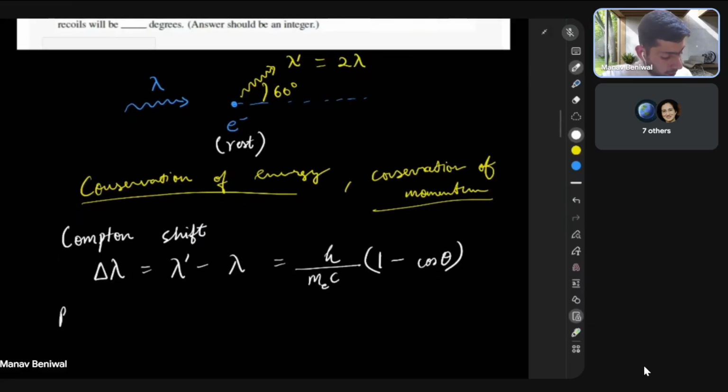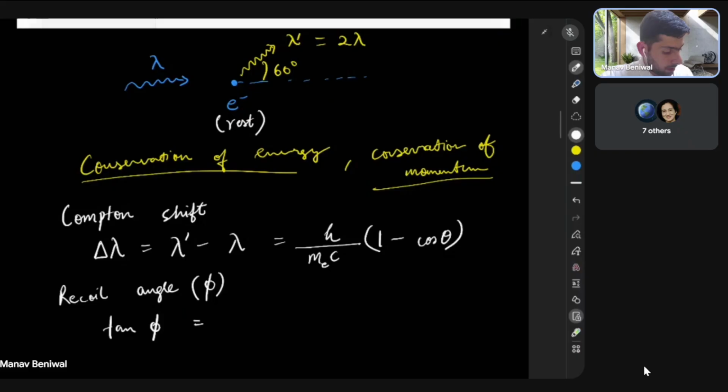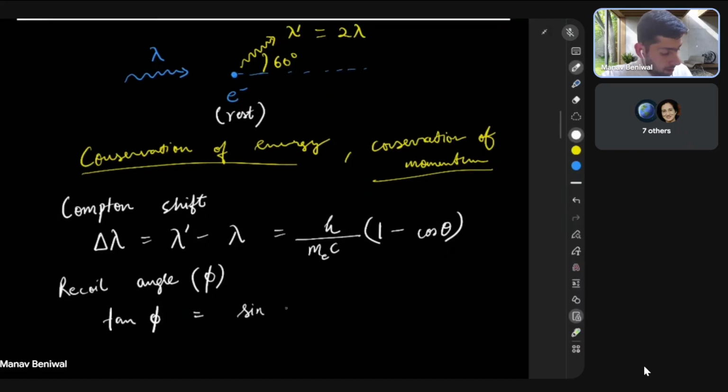And the recoil angle is phi, and we have the equation tan phi is sin theta over (lambda prime by lambda minus cos theta).